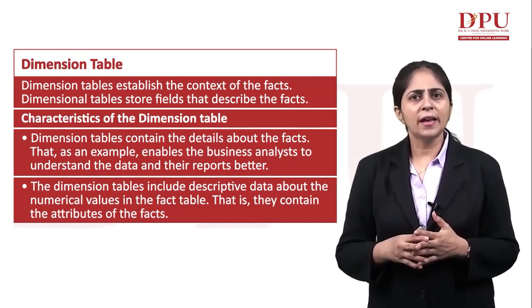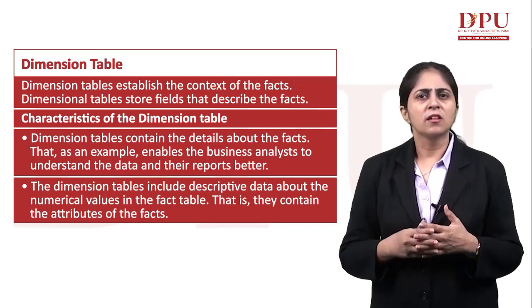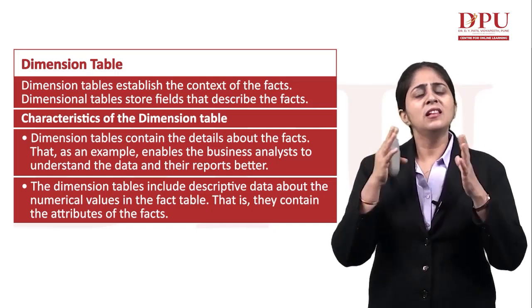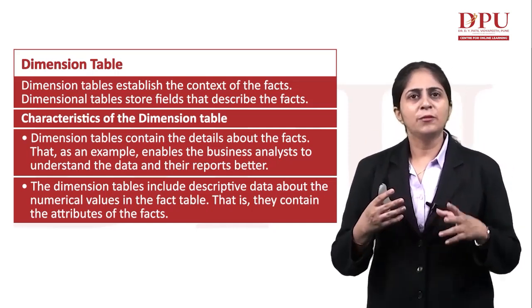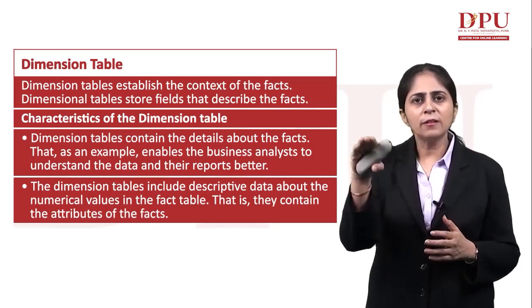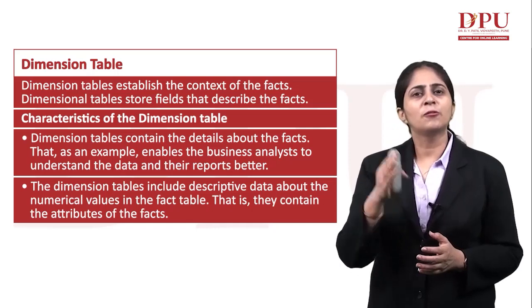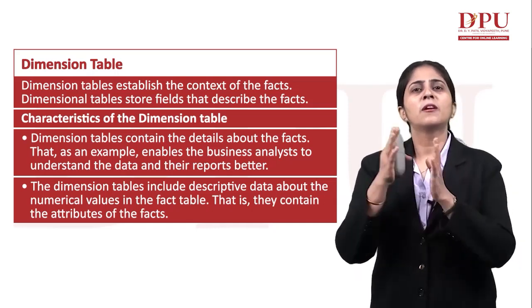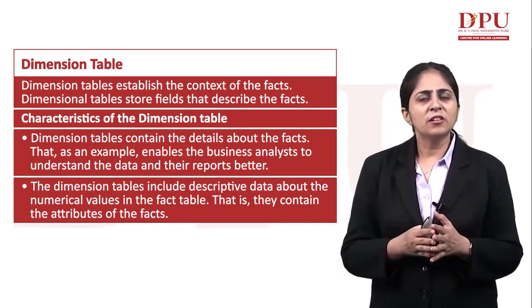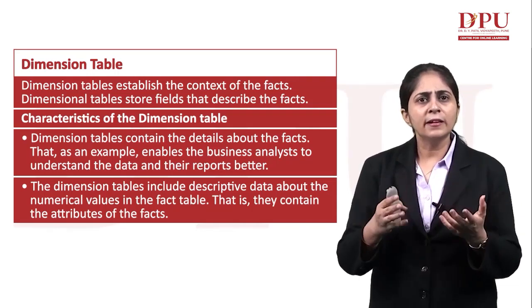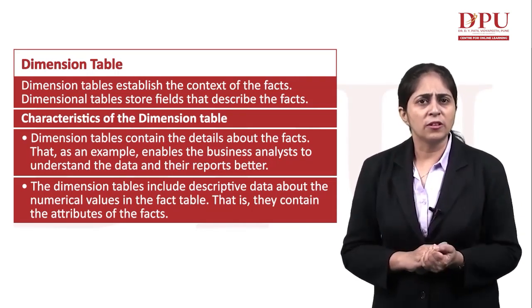Since a record in a dimension table is denormalized, it usually has a large number of columns. Like we talked about the fact table, in the fact table we have more rows. But in the dimension table, we have more columns. The dimension table will include significantly fewer rows for observation.